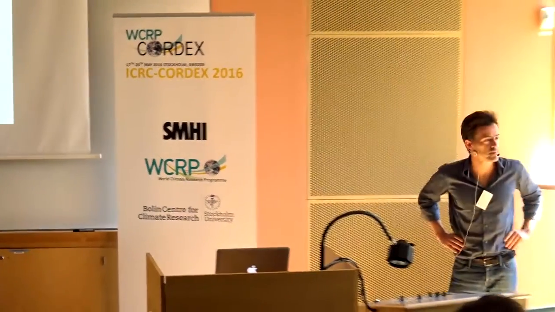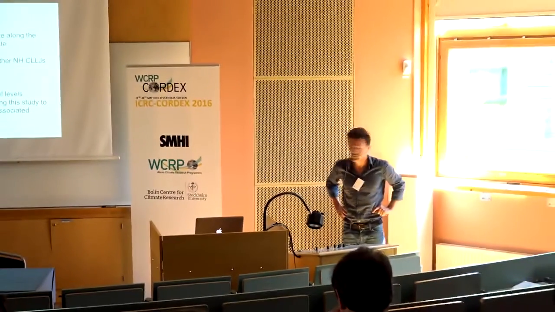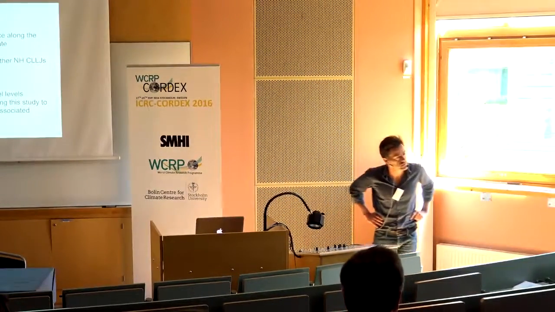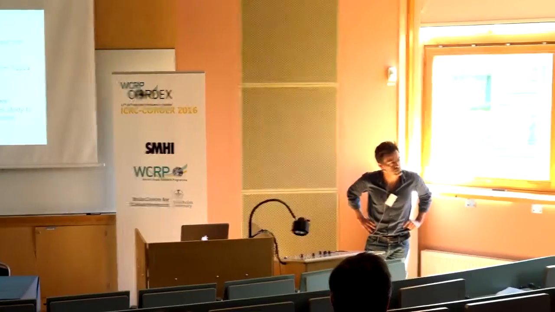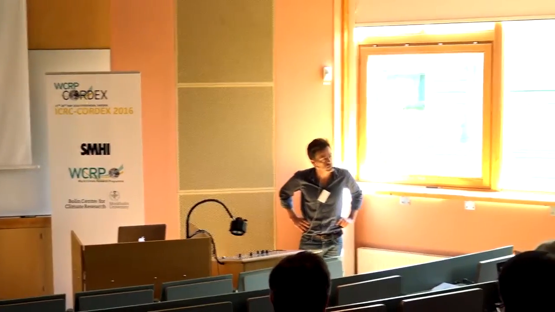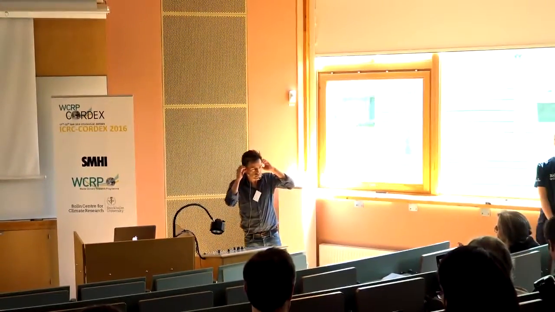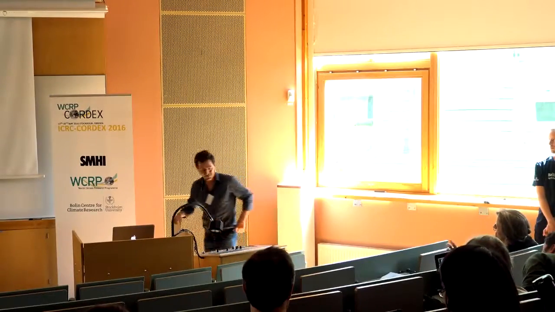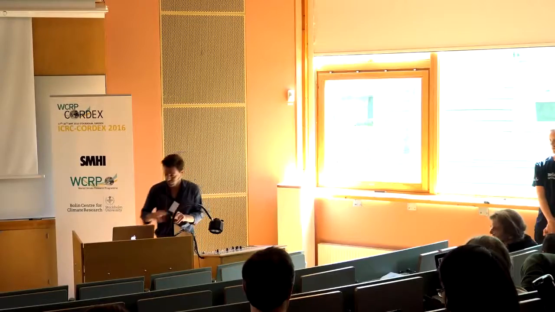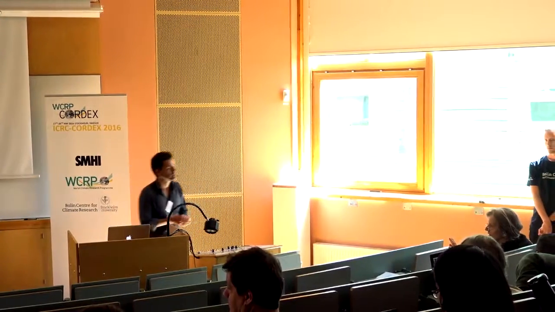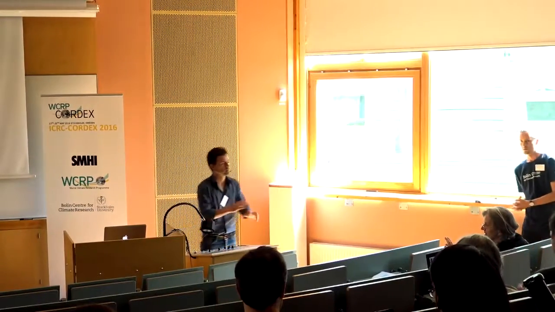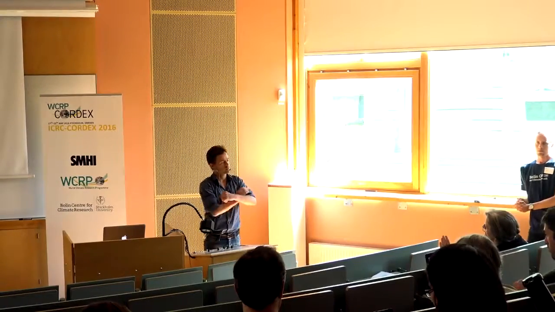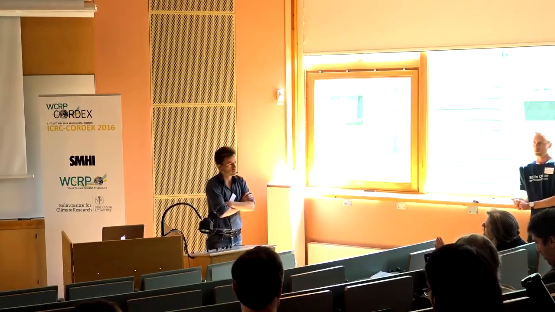Yes, Daniela? So this was very nice, but I did not get the reasoning behind why. What is the physical reasoning why you have an increase in the future? The point is actually the positioning of the winds offshore.